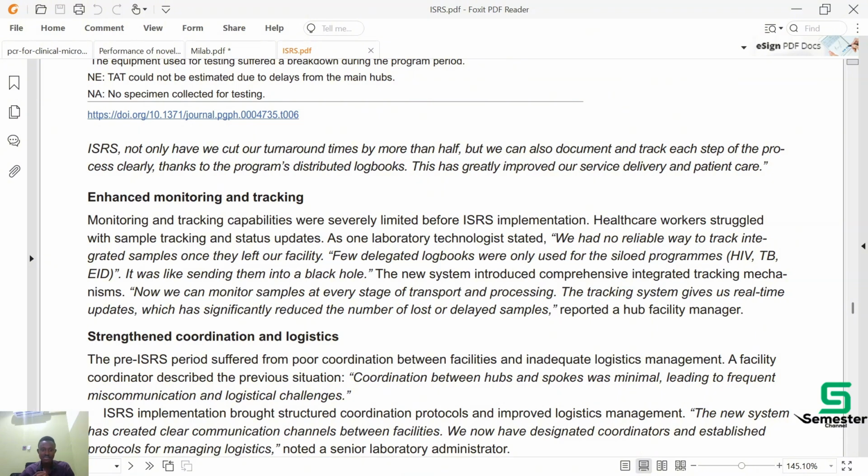It was like sending them into a black hole. All right. So once you have your theme, then you bring the information. I'm talking about what actually the patient or participant said. All right. So this is how you present your qualitative data or results, in your results section. All right, good.